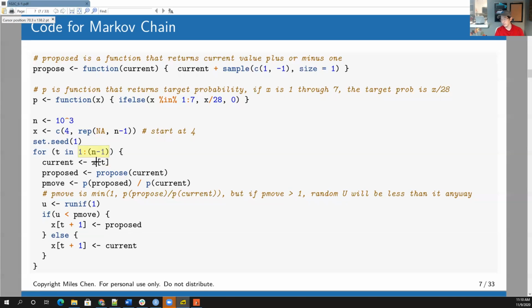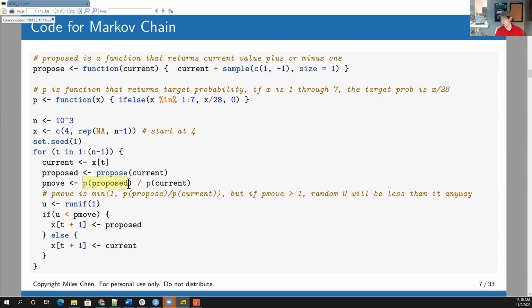And so x at time t is going to be my current value. Then I use the propose function to take my current value and return a proposed value. So the proposed value is going to be either current plus 1 or current minus 1. And then we're going to calculate P move.